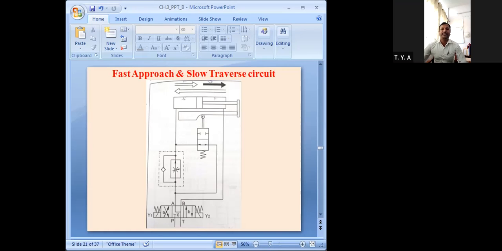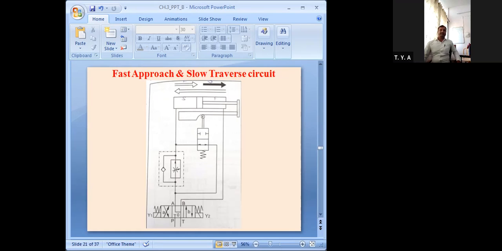A, B, P, T are the 4 ways, and there are 3 positions: the first position, the second center position, and the third one. So it is called a 4x3 direction control valve. It is solenoid operated and spring centered. The central position I have shown in this figure is the spring centered position.